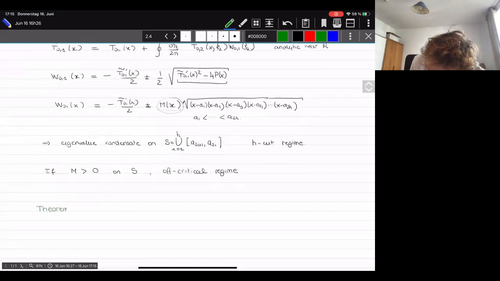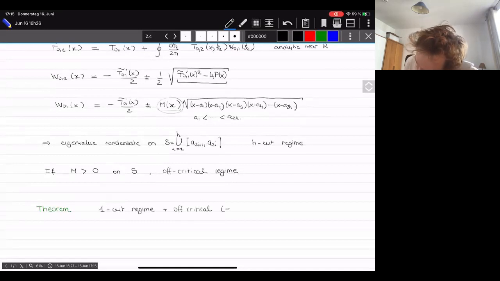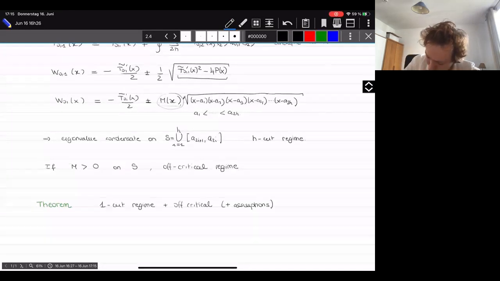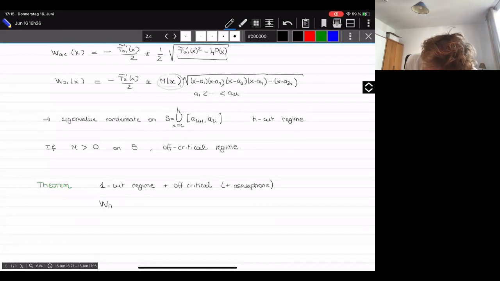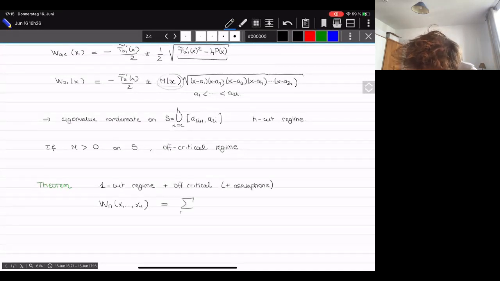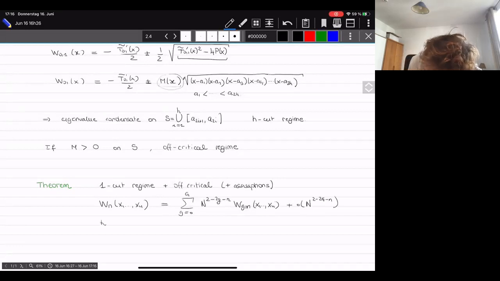And now, it's a theorem that in the one-cut regime, so you have only one segment, plus off-critical, plus a few other technical assumptions, but these are the most important ones morally, it turns out that the WNs have an asymptotic expansion of the following form, to all orders.